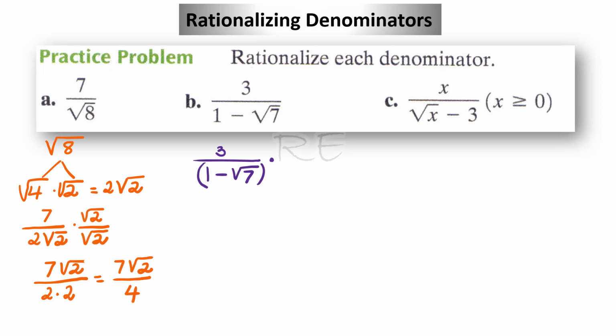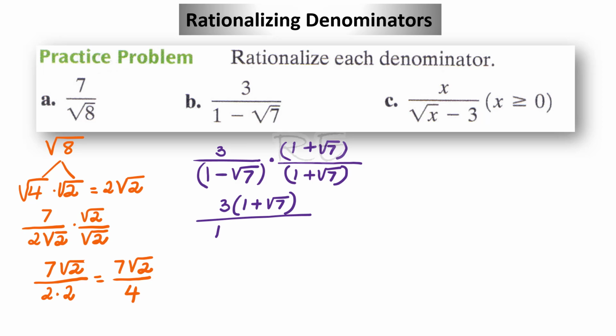To rationalize 3 over 1 minus square root of 7, we're going to multiply the fraction by 1 plus square root of 7 over 1 plus square root of 7. The numerator becomes 3 times 1 plus square root of 7.